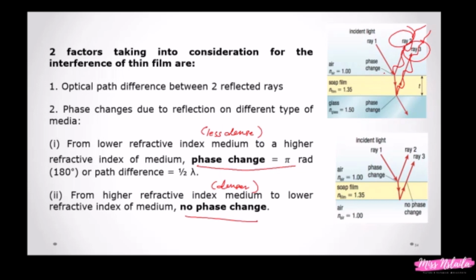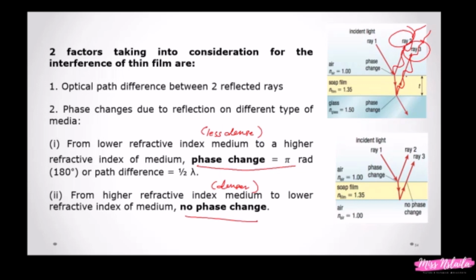Now let's look at the phase change. How do we know whether there is a phase change or not? If the reflected ray is due to reflection from a less dense to a higher dense surface, it will have a phase change. In this example, ray 2 is reflected from air into the soap film and has a phase change.